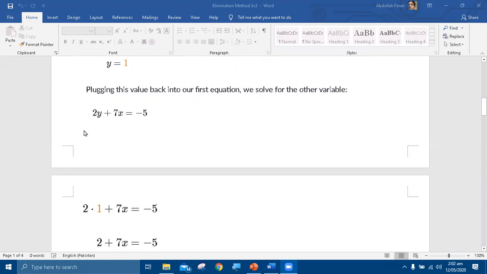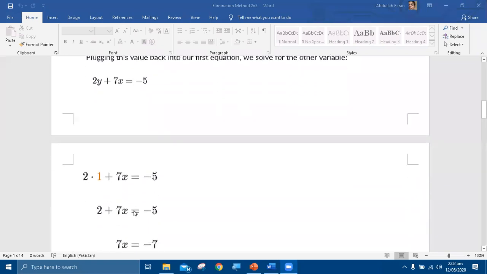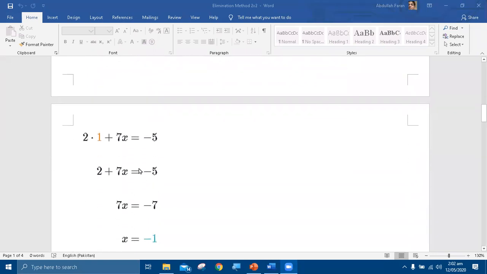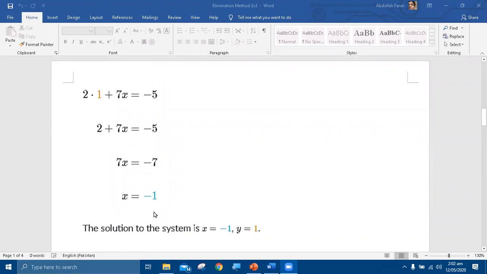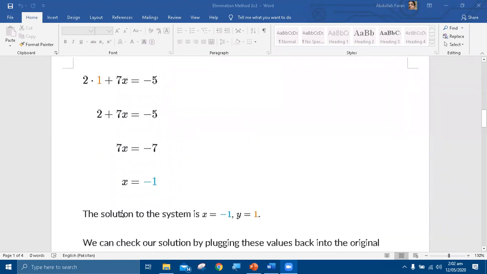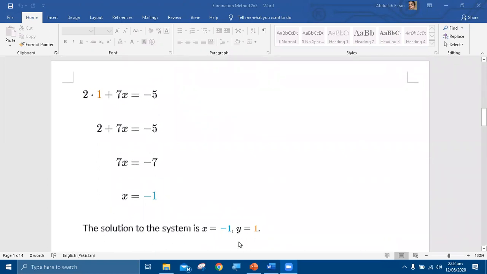The value of y is 1, so 2 times 1 plus 7 times x equals minus 5. 2 plus 7x equals minus 5. We simplify this to get the value of x, which is minus 1. So the solution to the system of equations is x equals minus 1 and y equals plus 1.